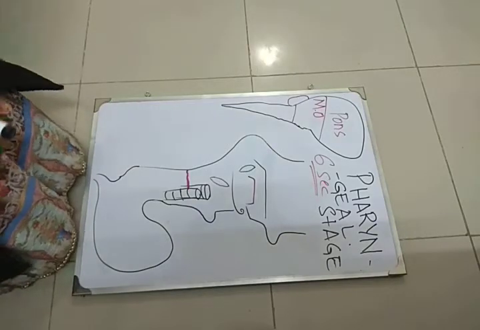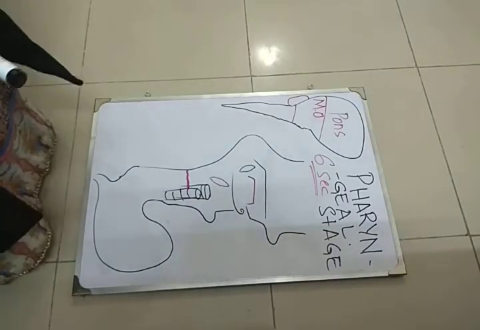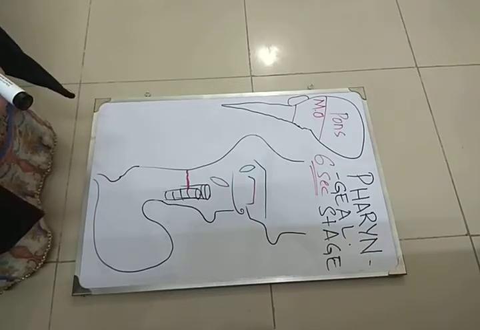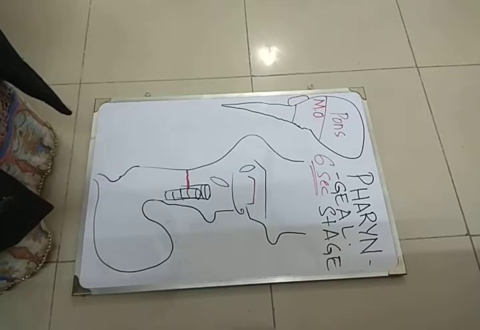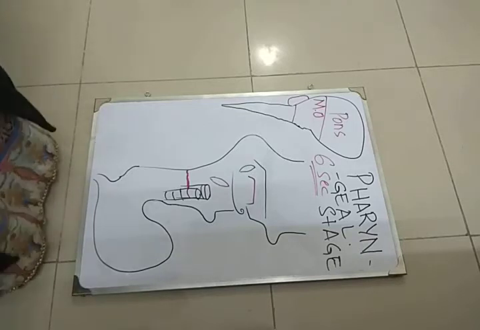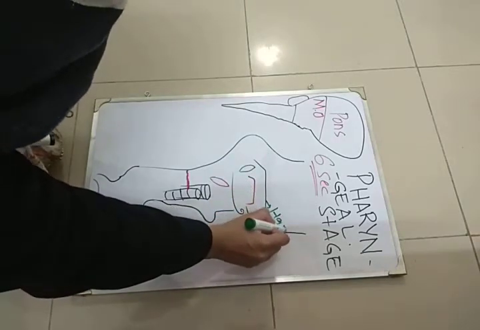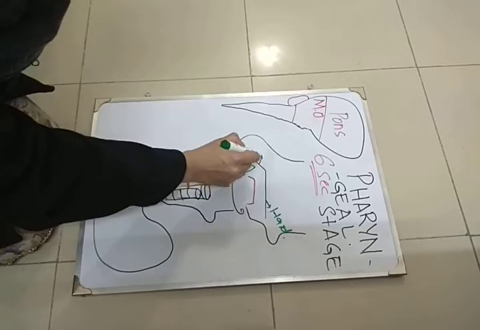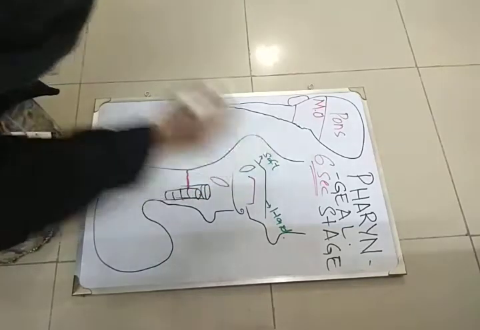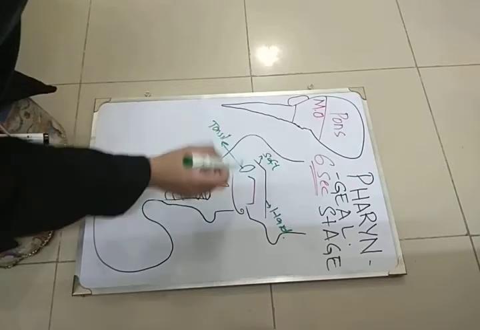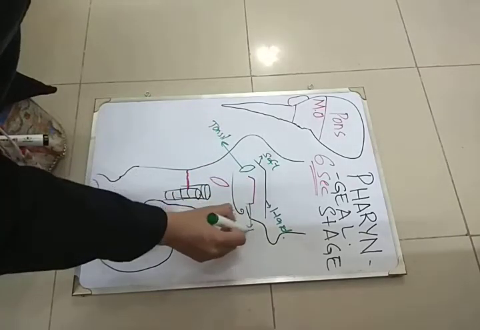When the bolus enters the mouth, it is chewed and masticated. The tongue moves upward and presses the bolus against the hard palate. So in this diagram, this is the hard palate, and over here we have the soft palate. This is the tonsil, and this is the tongue, this red color.